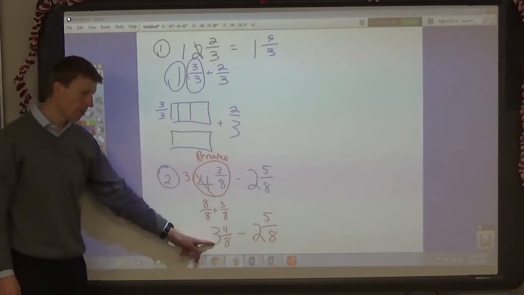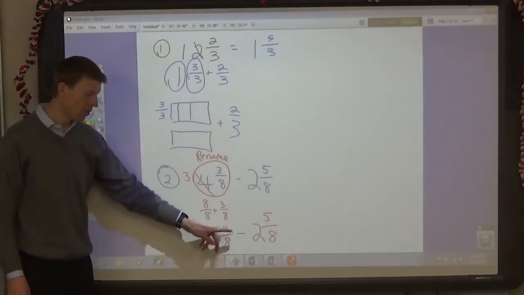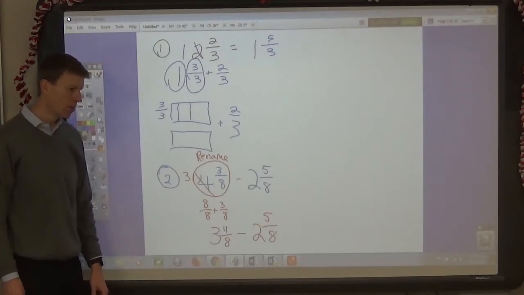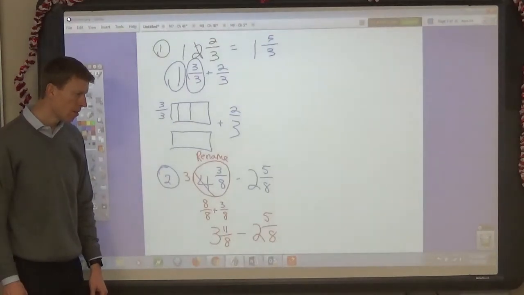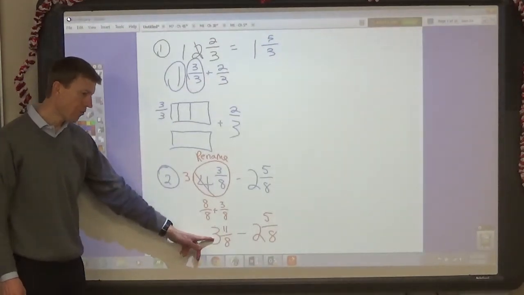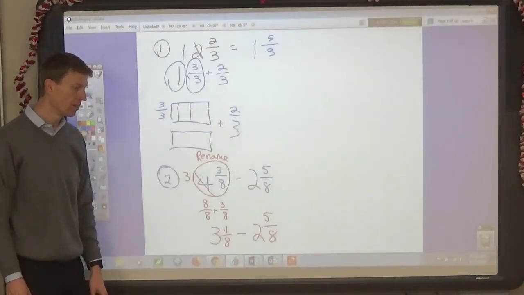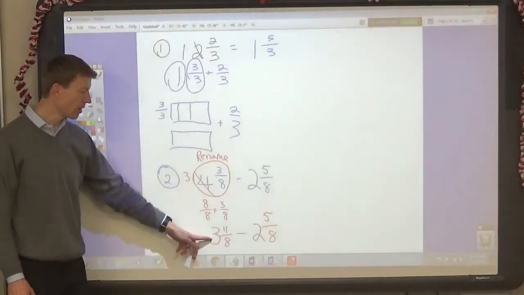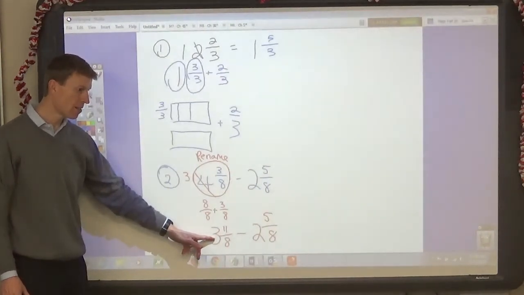You have to rename it. Well, you have to write down 3 11/8 before you subtract, because that's what this number is. 4 3/8 is 3 11/8.